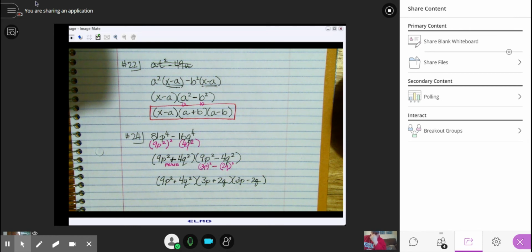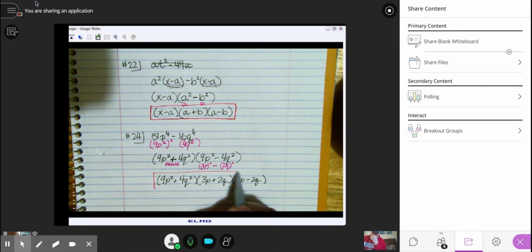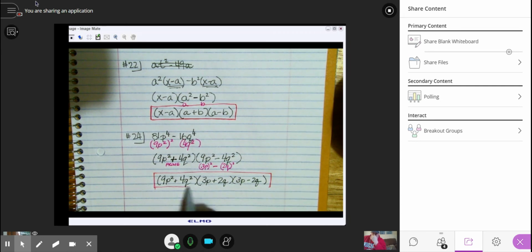You've got to practice knowing when it fits the pattern and when it does not.